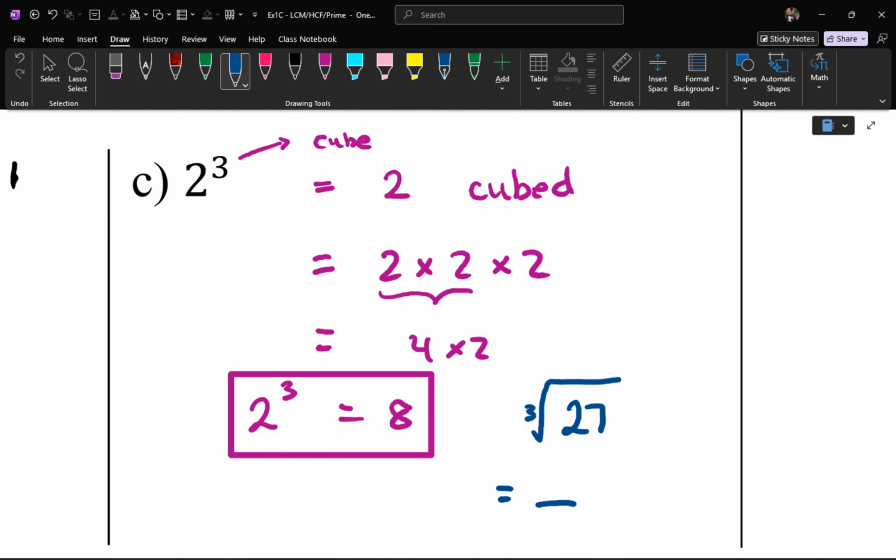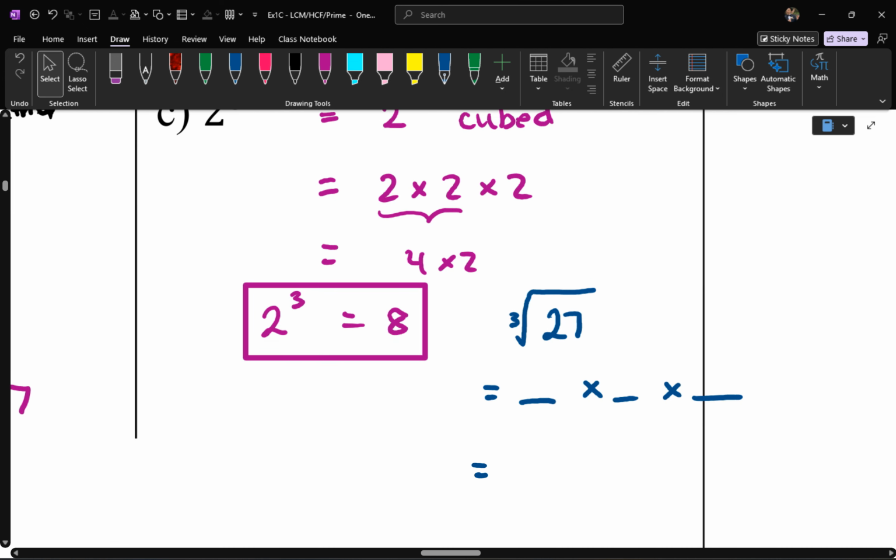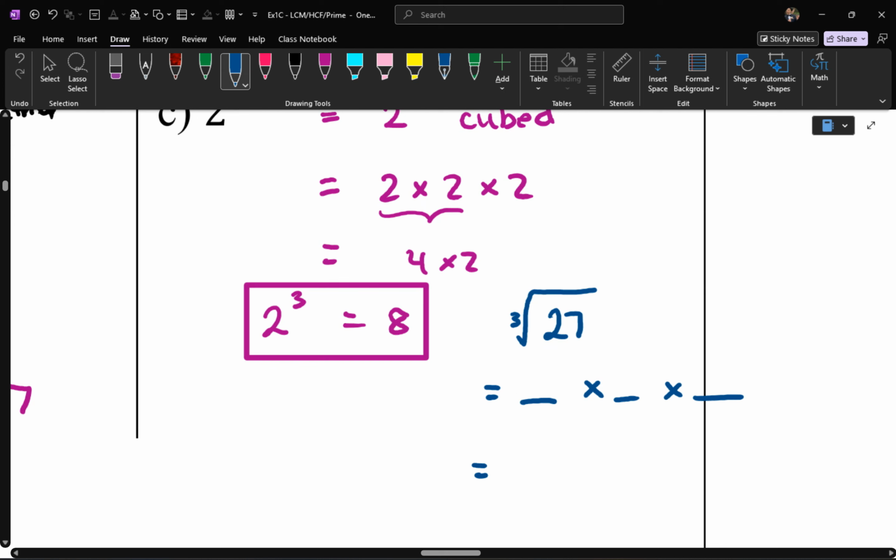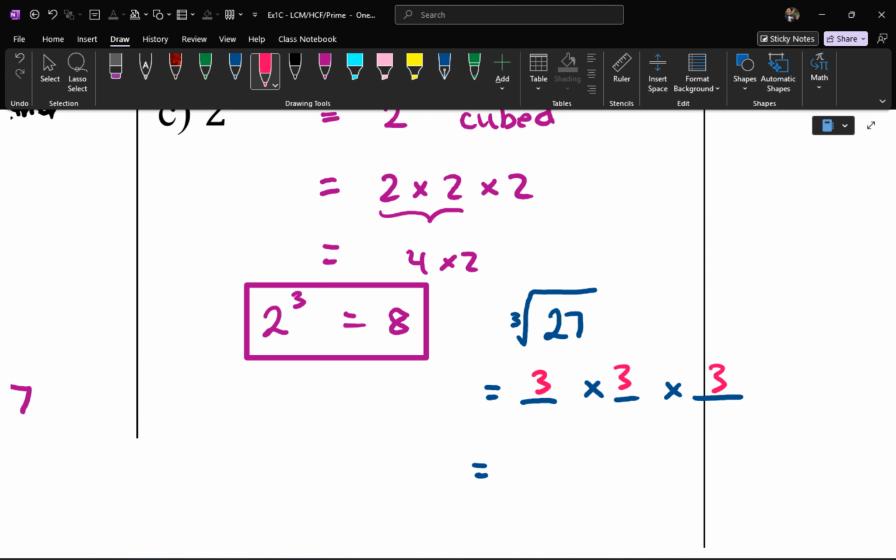I'm asking, what number times itself 3 times gets you 27? 3 times 3 is 9, and then 9 times 3 again is 27. So the answer is 3. So this language here is cube root.